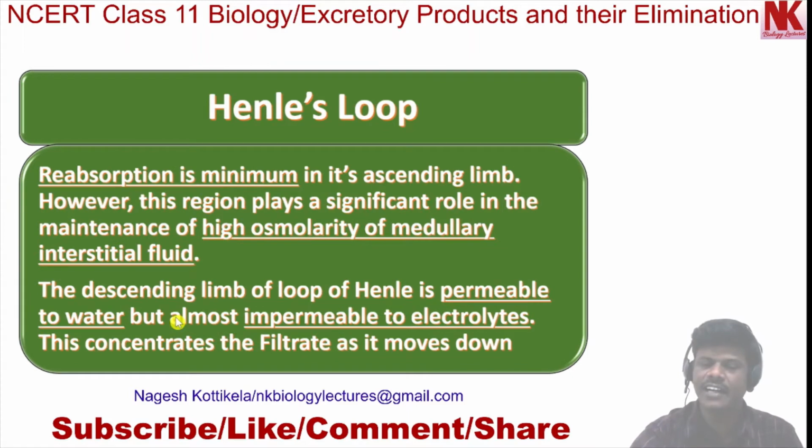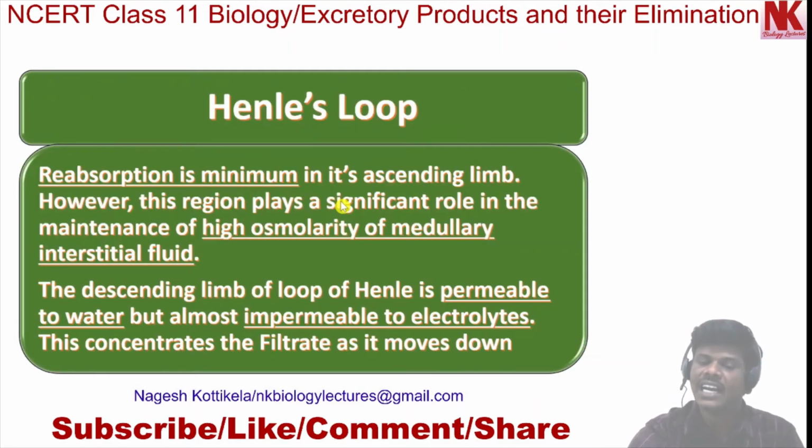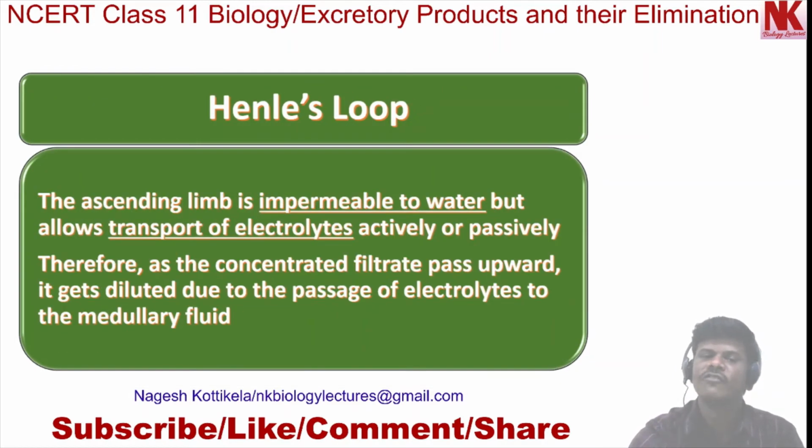You can see here in this diagram, as the filtrate passes upwards, the electrolytes can pass outside into the medullary interstitial fluid, but water reabsorption does not occur. As the electrolytes are removed, the filtrate gets diluted as it is moving upwards. So this is about Henle's loop and its function.